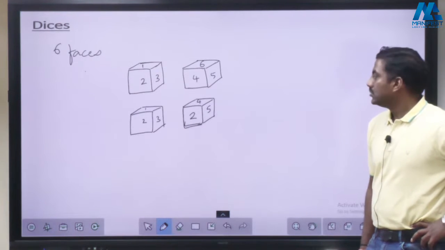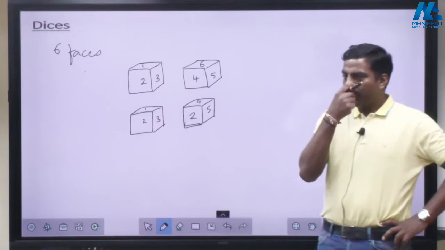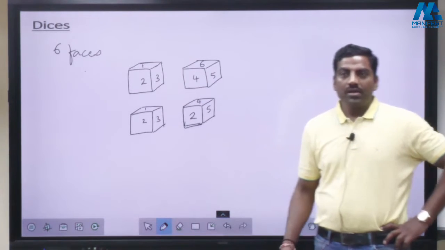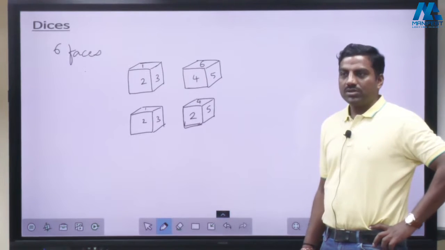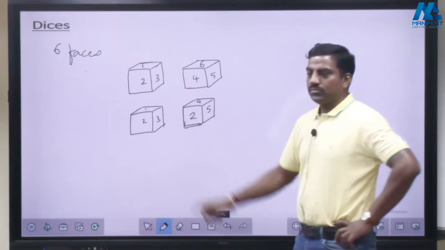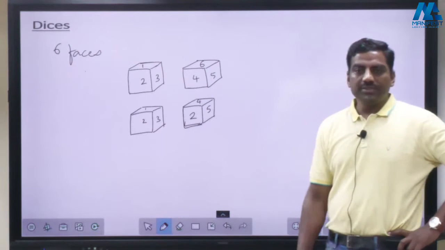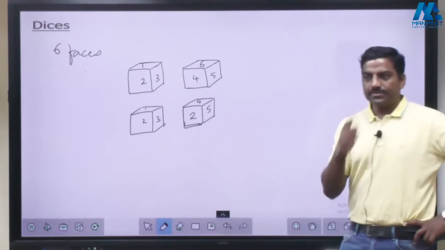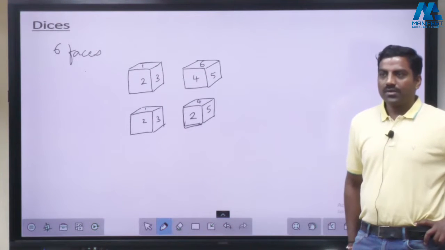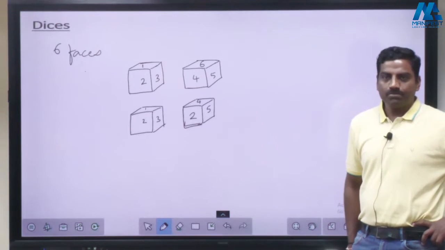So totally, how many faces are you seeing in these 2 positions of the dice? In these 2 positions, how many faces are you able to recognize? 5, correct?